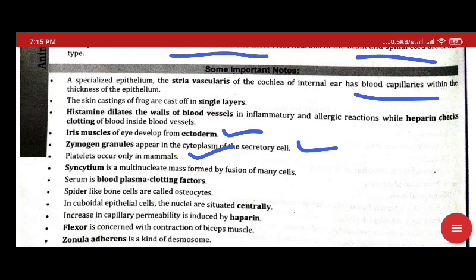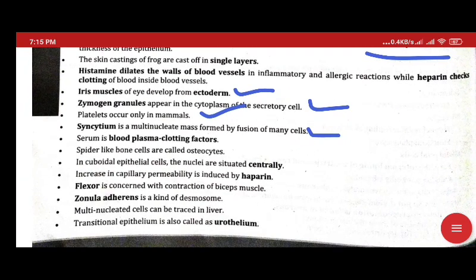Syncytium means multinucleated cells. Serum is blood minus clotting factor, that is blood plasma minus the clotting factor. A spider-like bone cell is called osteocyte. Cuboidal has central nucleus, and in columnar we have basal nucleus.